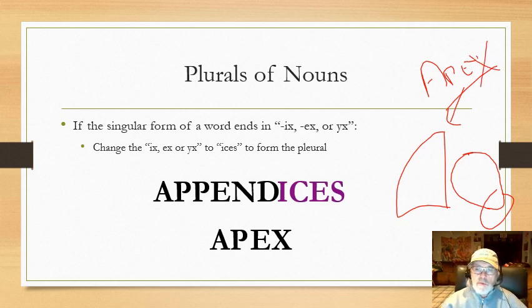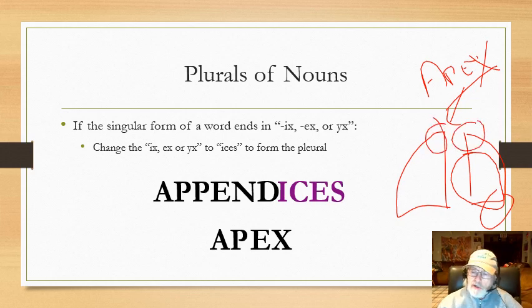So the apex would be singular. If I had the right lung over here and the left lung here, and I had an apex here and an apex here, so now I have a plural, I would change apex to apices. So EX becomes ICES, apices. Apex to apices, piece of cake, easy, not a problem.